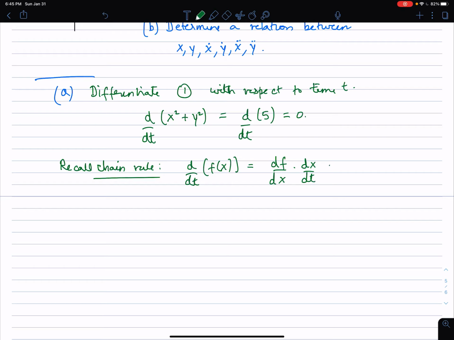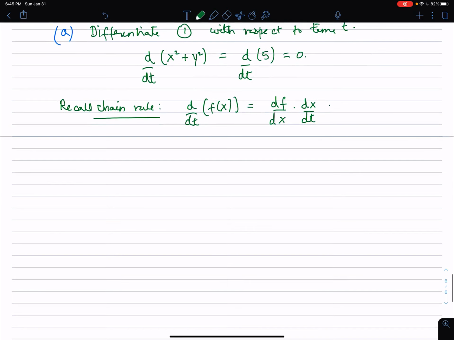Similarly, d by dt of some other function g of y is going to be dg by dy times dy by dt. Sounds good?